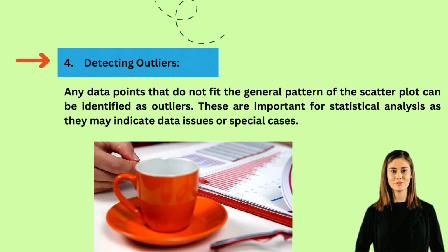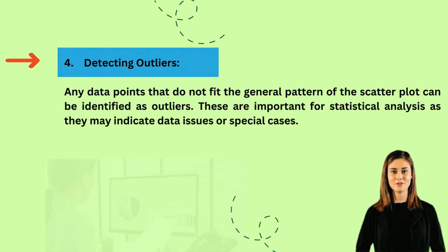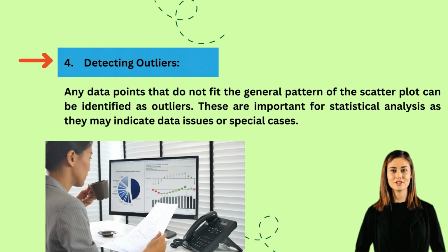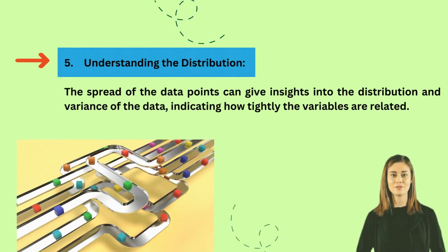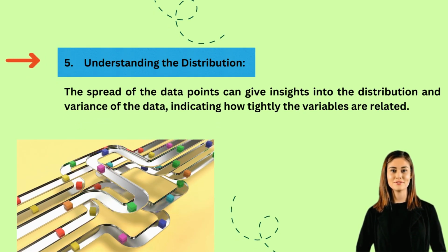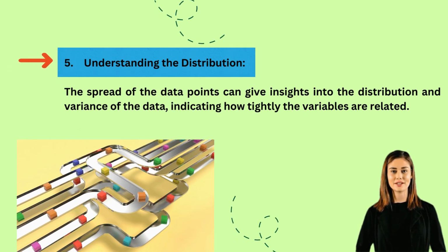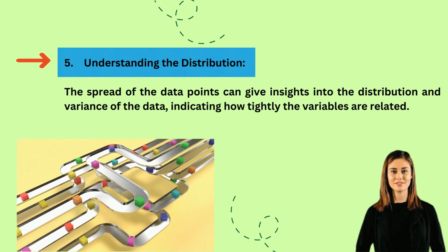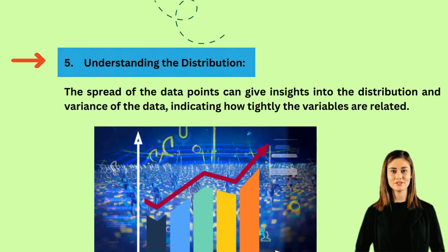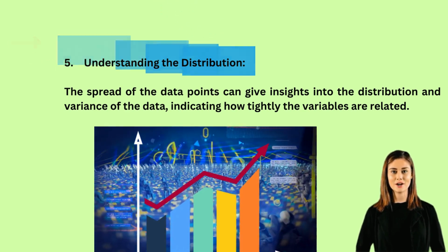These are important for statistical analysis as they may indicate data issues or special cases. 5. Understanding the distribution. The spread of the data points can give insights into the distribution and variance of the data, indicating how tightly the variables are related.